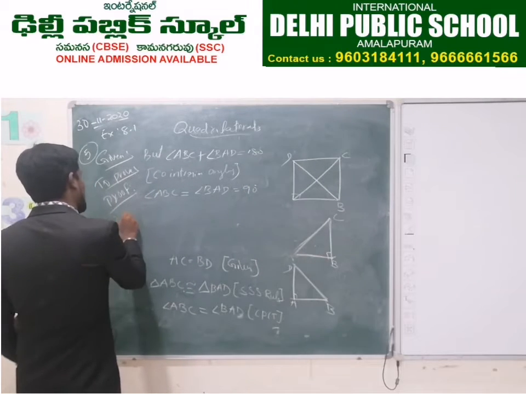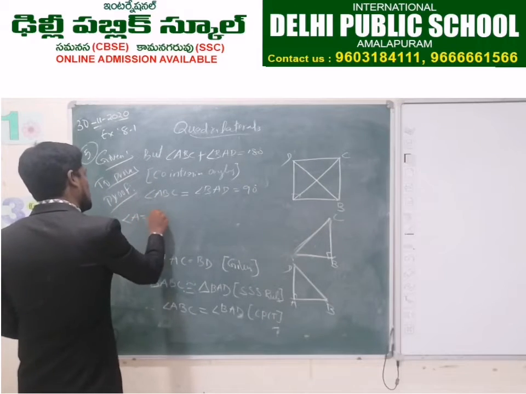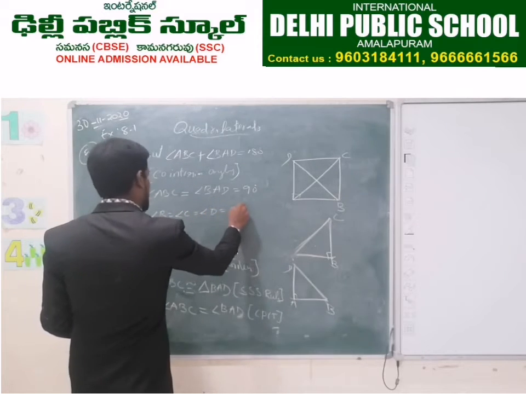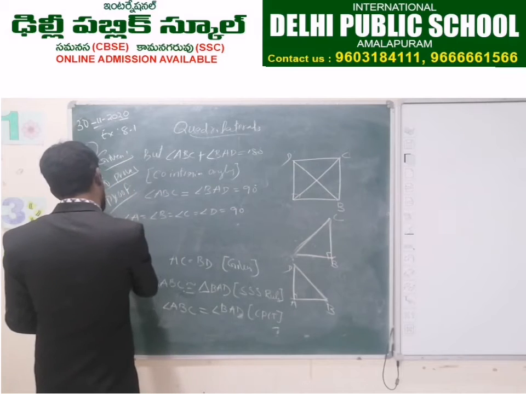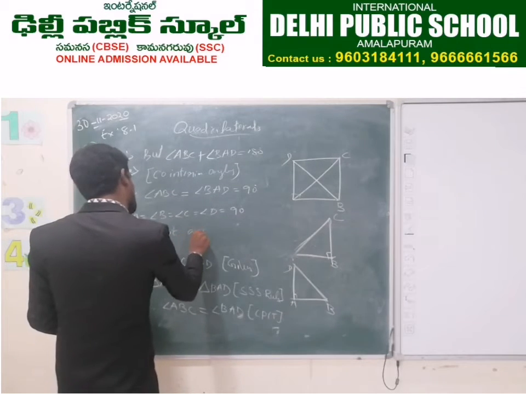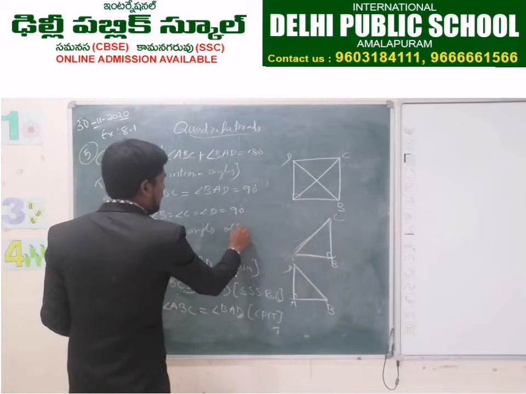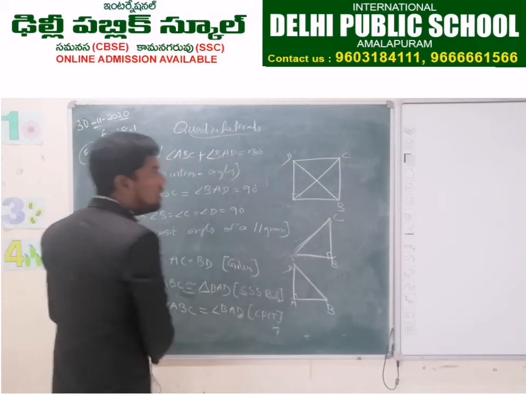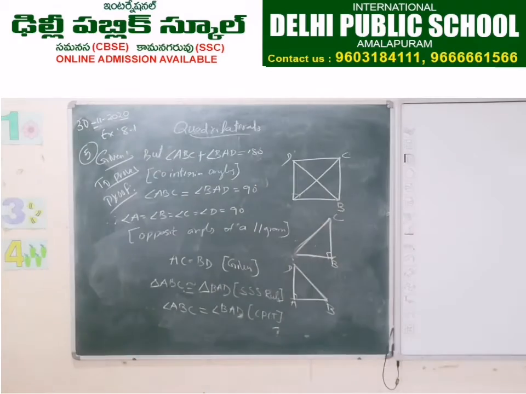So therefore, angle A is equal to angle B is equal to angle C is equal to angle D is 90 degrees. Opposite angles of a parallelogram are equal and 90 degrees.